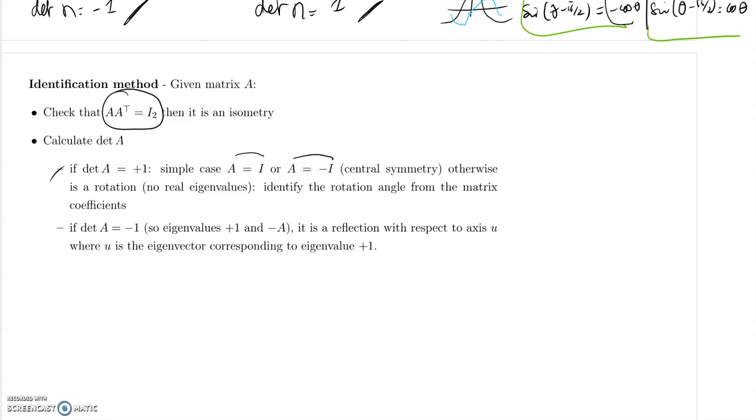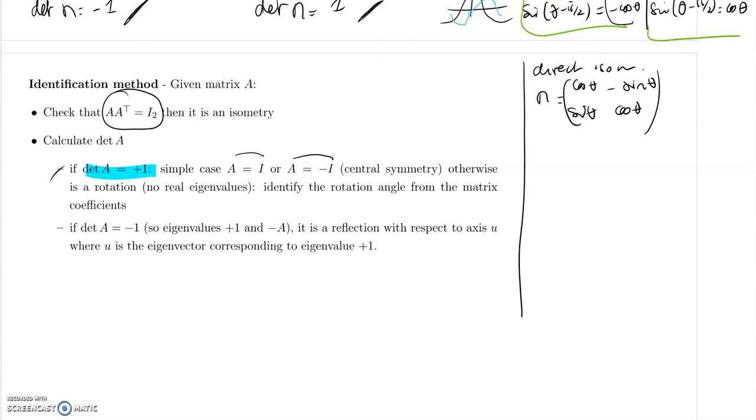Okay, so let's study that direct isometry case, if we are not in the simple case. I remind you that in that case, we have this matrix: cosine theta, minus sine theta, sine theta, cosine theta. Let's look for the eigenvalues, right? So we write the characteristic equation.